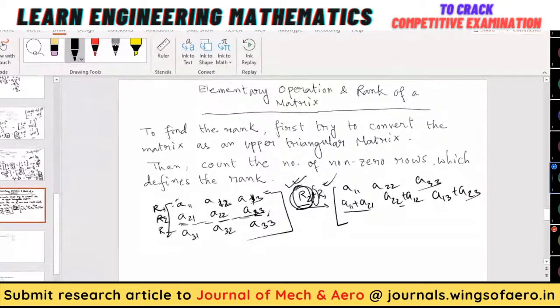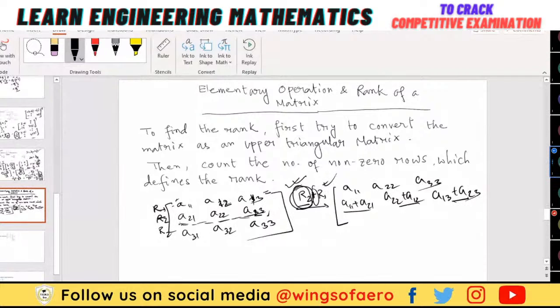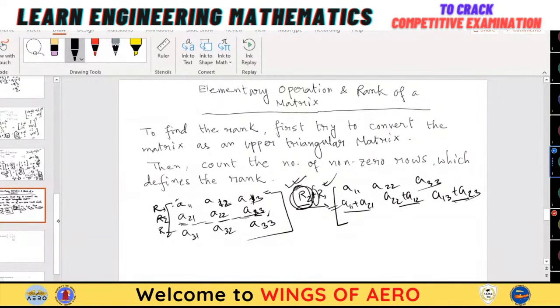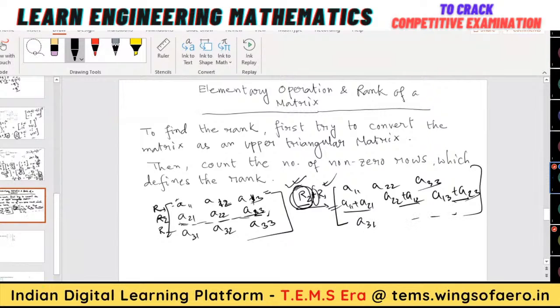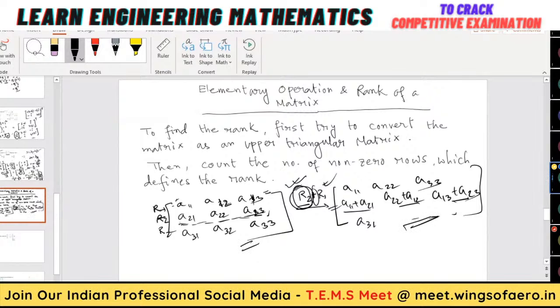So the second row will be changed. We are adding the first row and second row, but the changing row will be row 2, and row 3 will remain as it is. After this operation, this matrix and the original matrix will be equivalent to each other. There is no change.